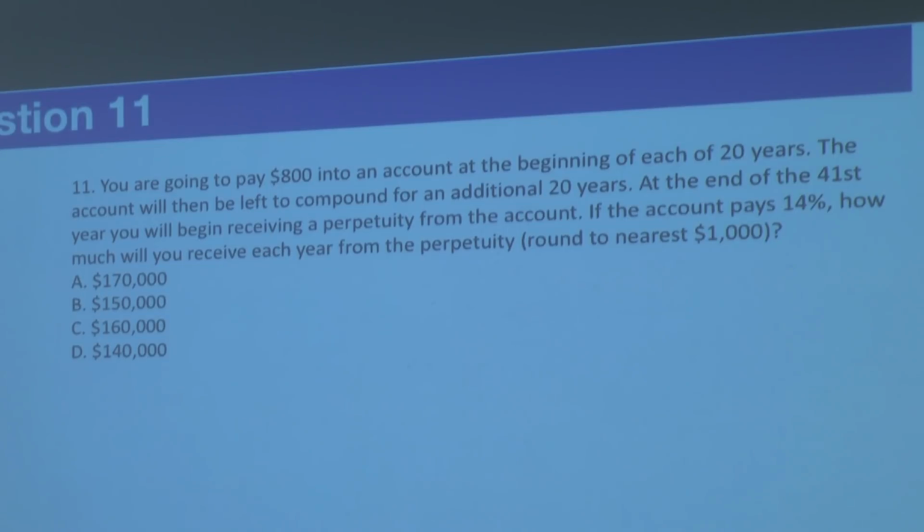And then you leave everything as is for an additional 20 years, during which whatever you have accumulated there still keeps earning some interest. You just don't add to it. At the end of the 41st year, you will begin receiving a perpetuity from the account. If the account pays 14%, how much will you receive each year from the perpetuity?